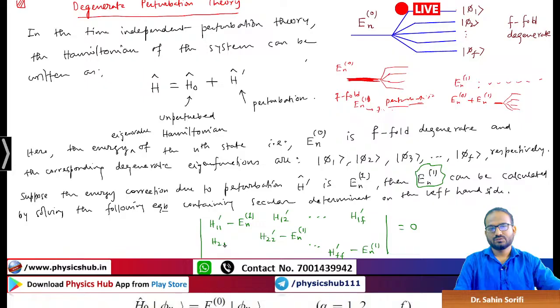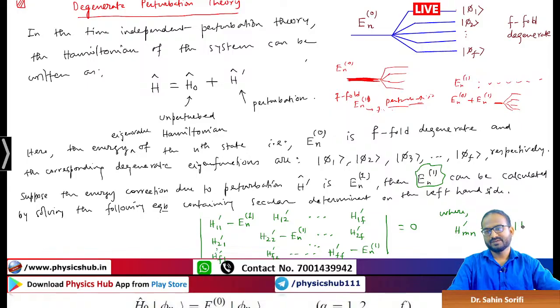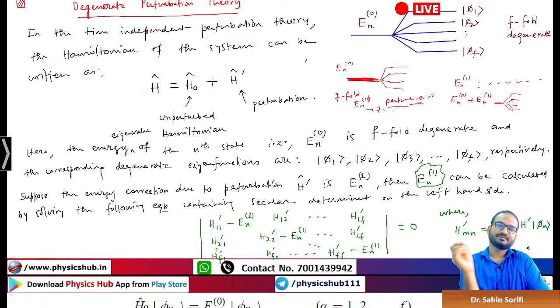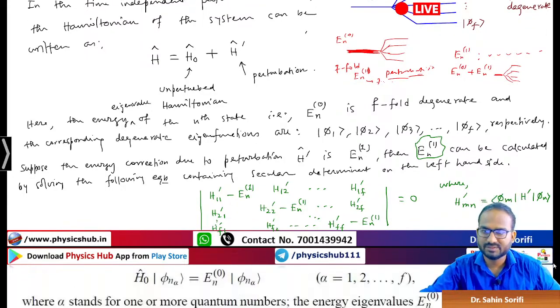Here it will be H21 prime, and so on up to H2F prime. Here, what will be the value? HF1 prime, then HF2 prime and so on, HFF prime minus En1, where this Hmn prime is calculated from phi m H prime phi n, simple as that. So it is the matrix method you have to use.